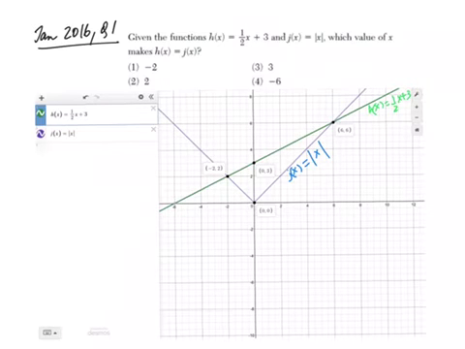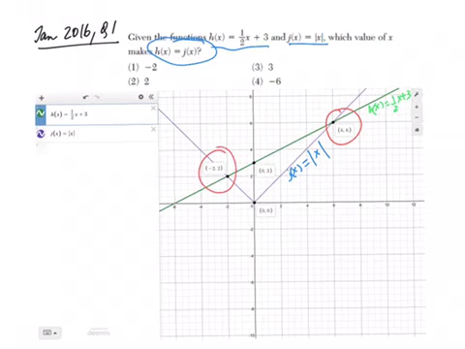So given the functions h(x) is equal to half x plus 3 and j(x) is equal to absolute value of x, which value of x is where they meet, right? So where do they meet? They meet here and they meet here, right? So what are our x values? Remember, coordinates are written in x and y. So we want the x value.